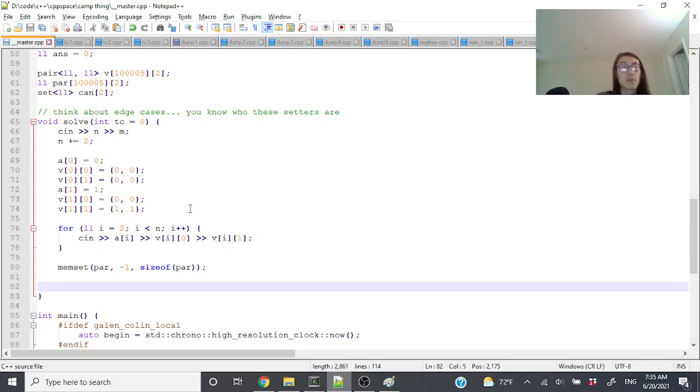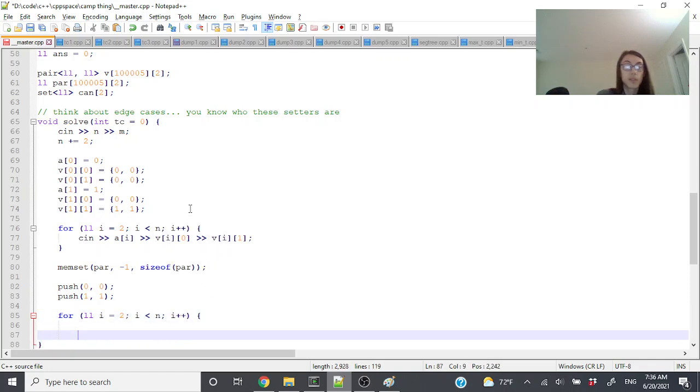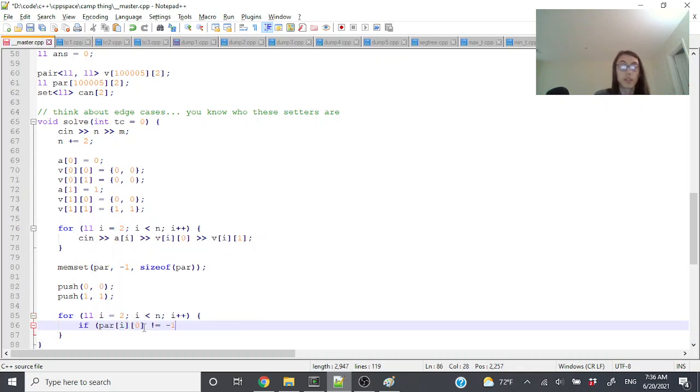So push 0 0, push 1 1, for i equals 2 to n, plus. If par[i][0] is not equal to -1, push i 0.